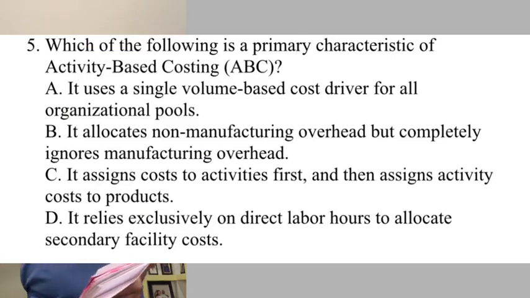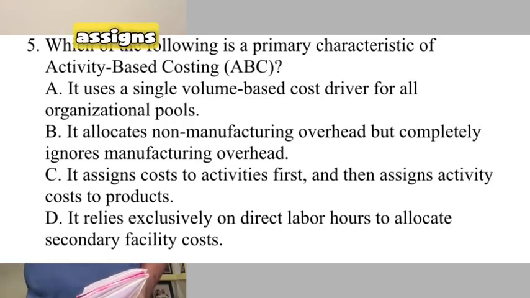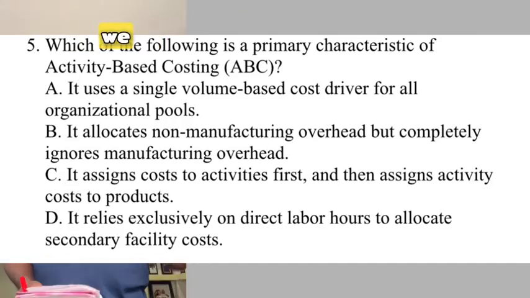Okay. So the answer is C: it assigns costs to activities first and then assigns activity costs to product. That is activity-based costing. So we have the corporate-wide overhead rate, we have the departmental, and then we have the ABC, the activity-based costing.